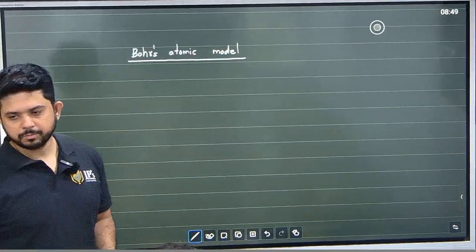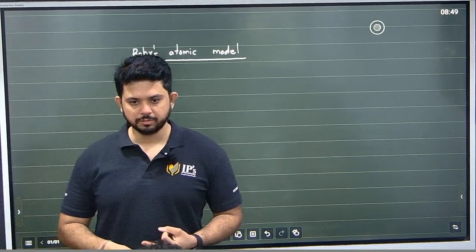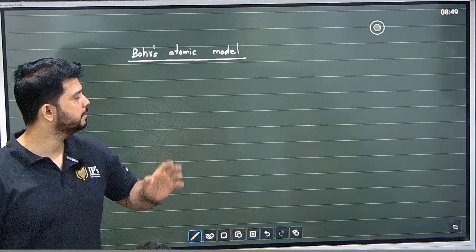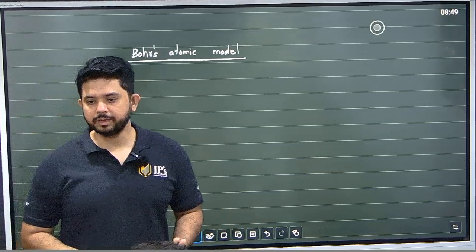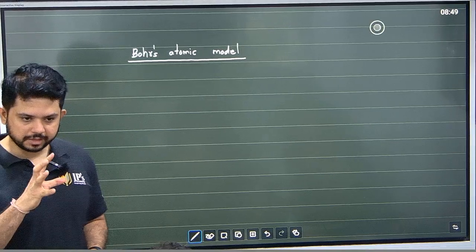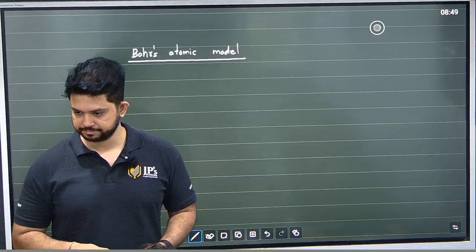Out of all the models that we have done, Thomson, Rutherford, the most important from an examination perspective is Bohr's atomic model. Okay. Bohr's model partially picks up from Rutherford's experiments.